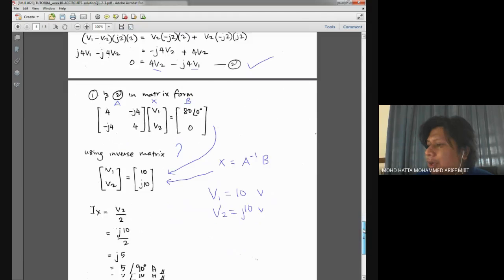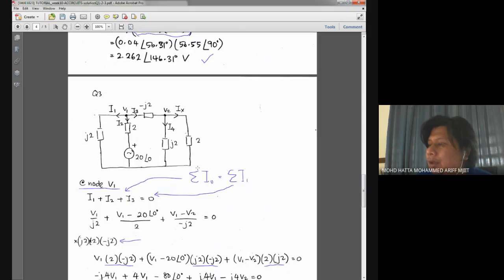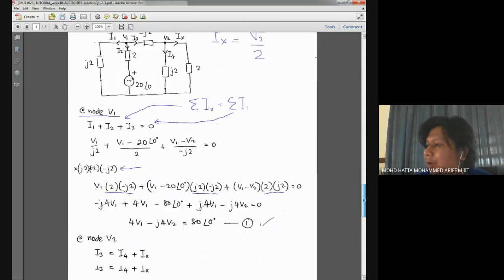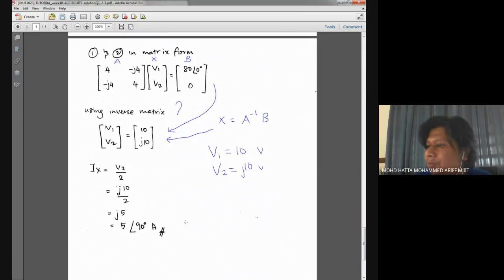Looking at the question back, if I like to find the value of Ix, it will be given by V2, because this is the voltage over here, divided by the resistor of 2, or this impedance. So Ix equals V2 divided by 2. Here I have my Ix as J5, or in polar form 5 with angle of 90 degrees ampere.